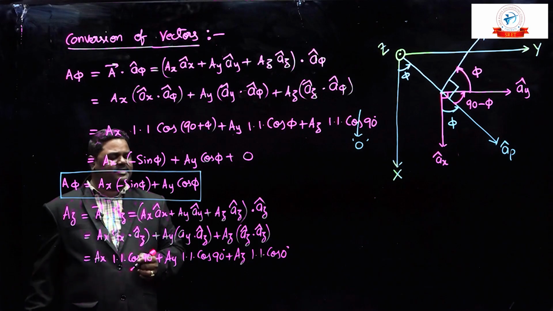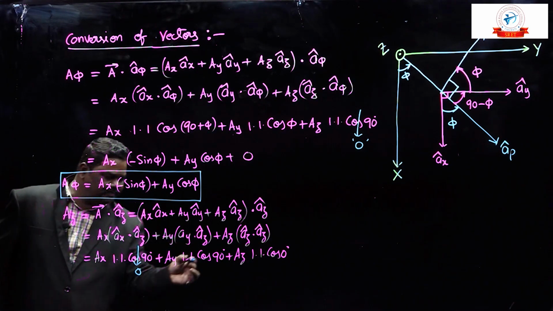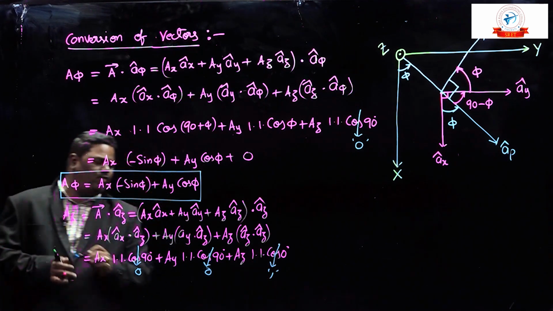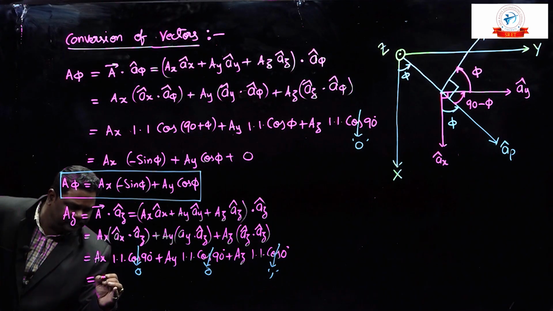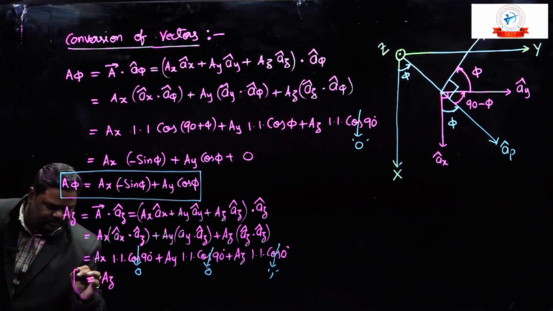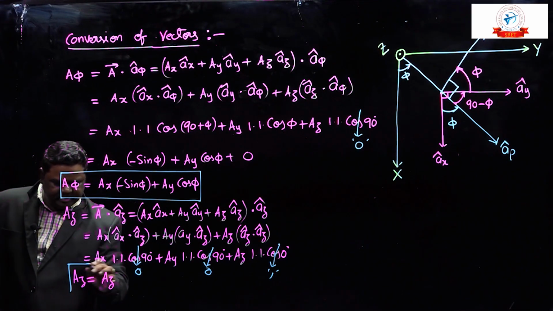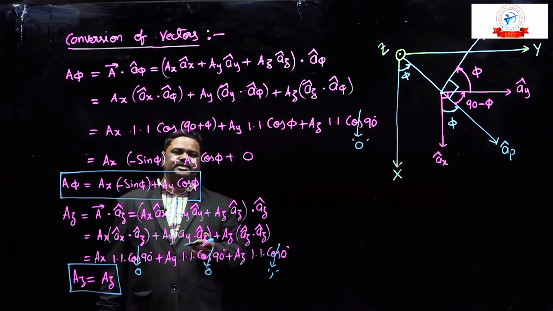Angle between same vectors is 0. Okay, so here cos 90 is 0, cos 90 is 0, cos 0 is 1. So we get only last term, z component. So the meaning of this is that z components are same in Cartesian and also in the cylindrical coordinate system.